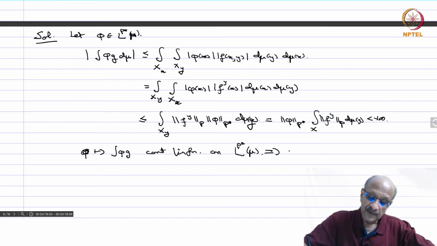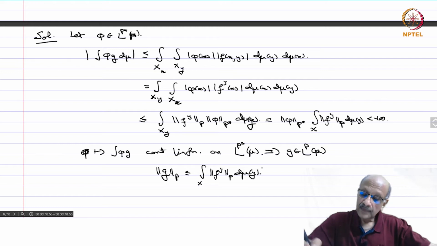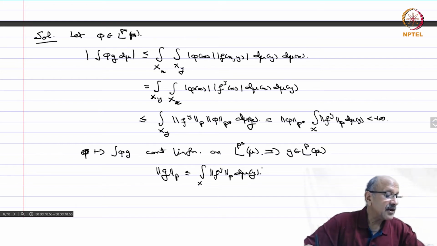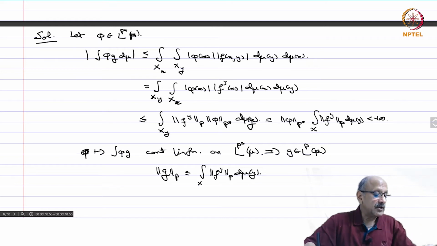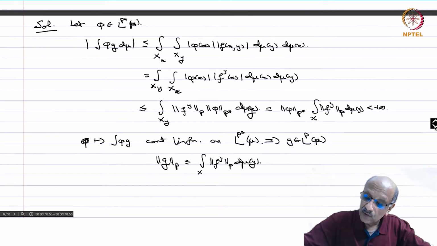Therefore this implies that g belongs to L^p(mu), and the norm of g in L^p is less than or equal to the integral over X of the norm of f_y in L^p d mu. So it is exactly like we did for Young's inequality: we use the duality argument and then we do this problem.